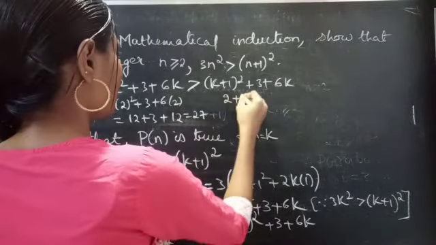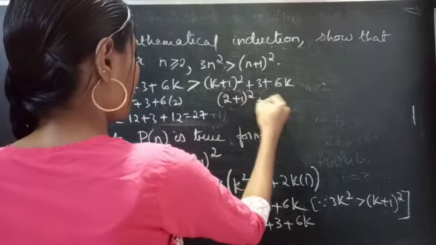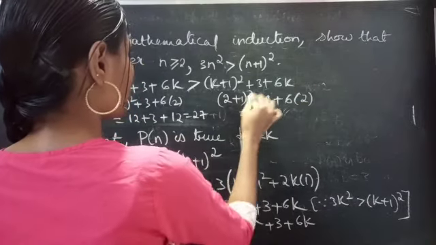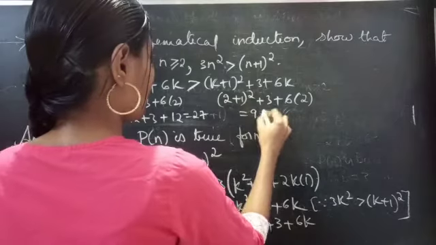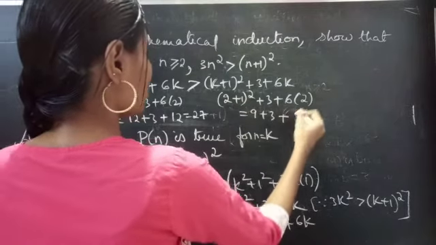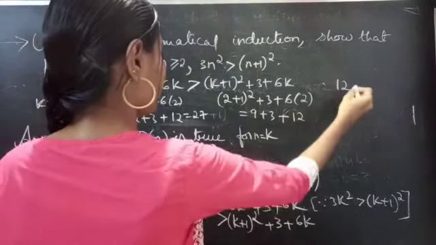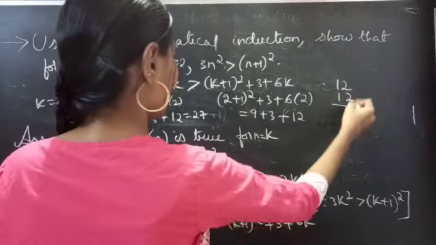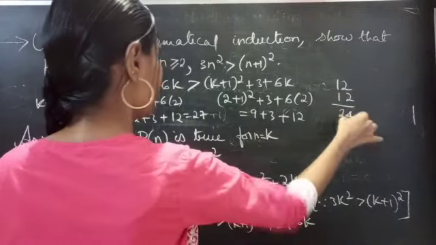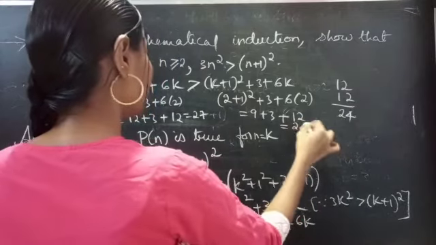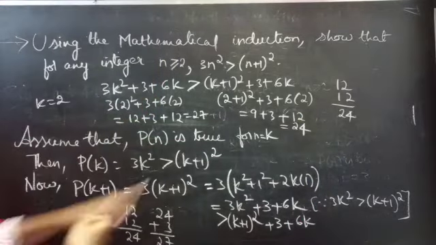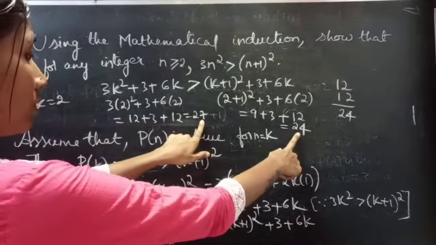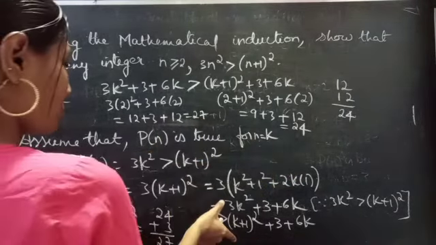Then we'll get 2 plus 1 whole square plus 3 plus 6 into 2, which is 3 square is 9, plus 3, plus 12, so 9 plus 3 plus 12 is 24. It's clear that 27 is greater than 24. So this statement is correct.